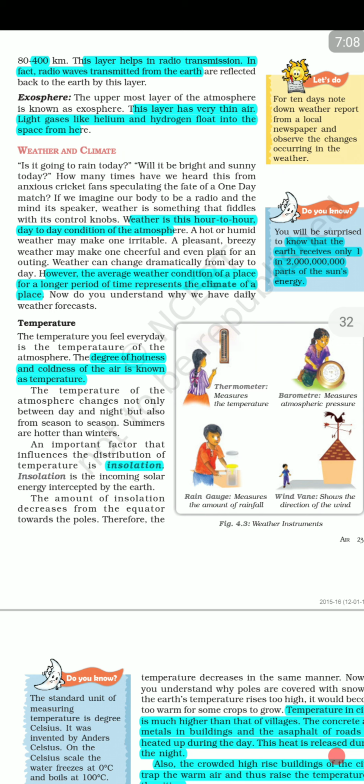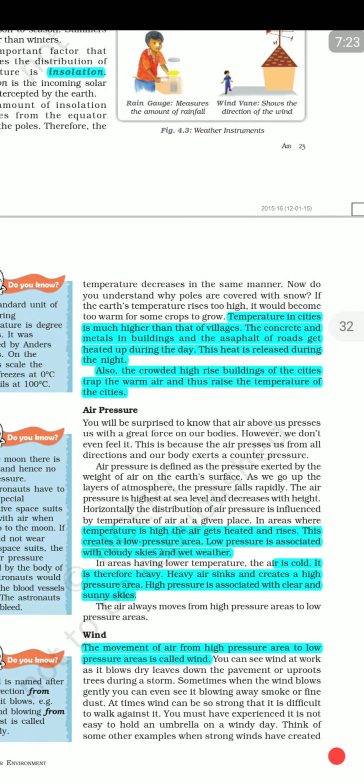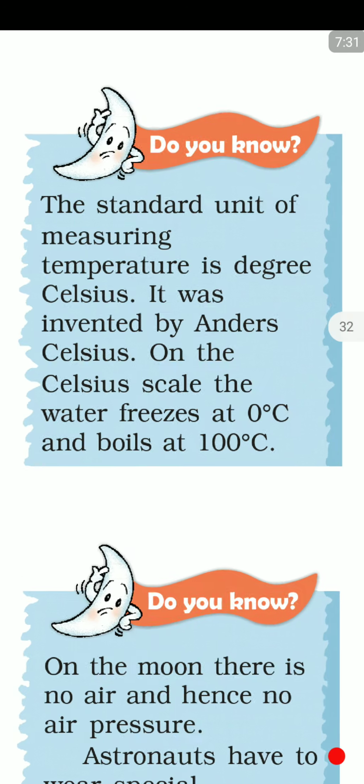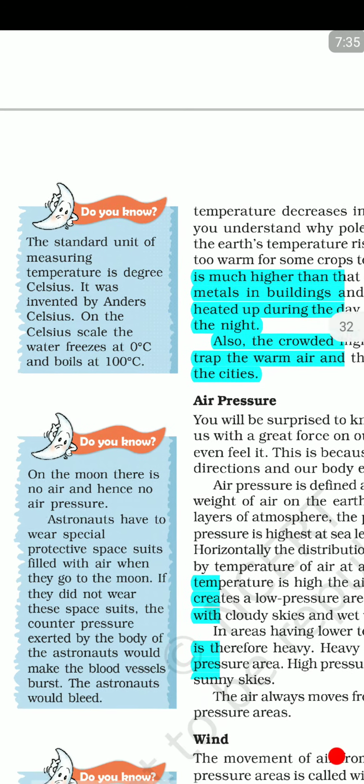The average weather condition of a place for a longer period of time represents the climate of a place. Next we move to temperature. The degree of hotness or coldness of air is called temperature. Insolation, we know what insolation is. The standard unit of measuring temperature is degree Celsius. It was invented by Anders Celsius. That was new information.